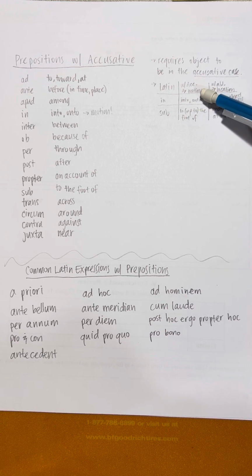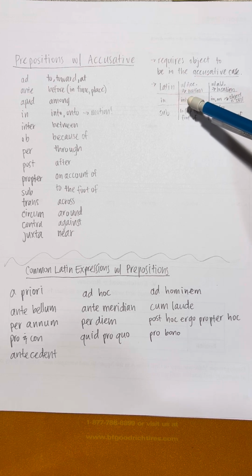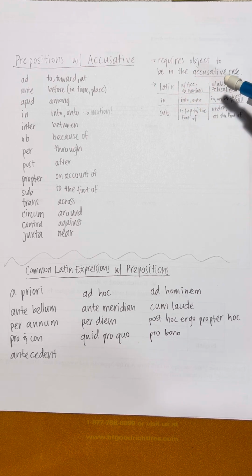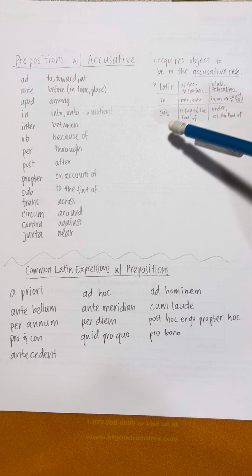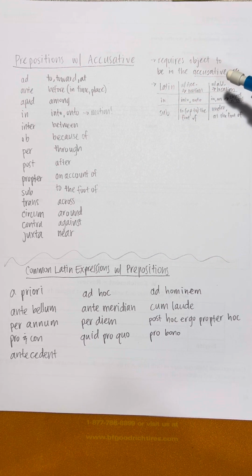These kind of give us the idea that there is motion involved. We are going towards something. Like if I'm going to the foot of the altar, or into the field, into the forest, into the house, or onto the stage. You have this idea that something is moving towards something else.